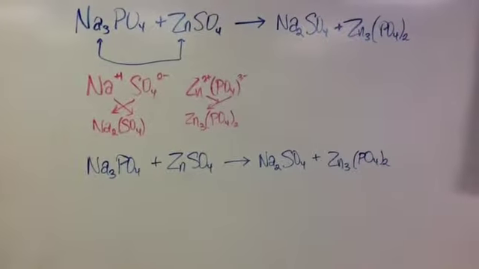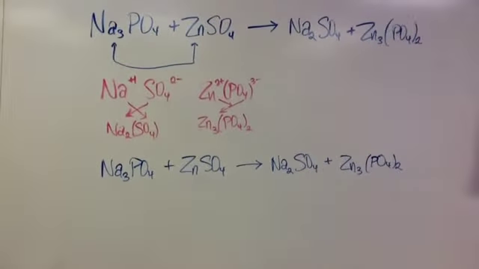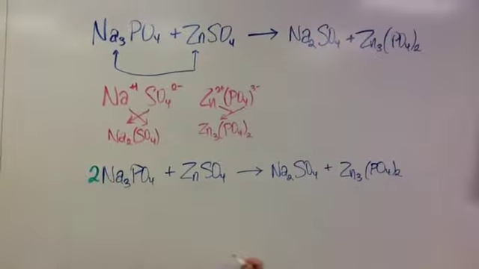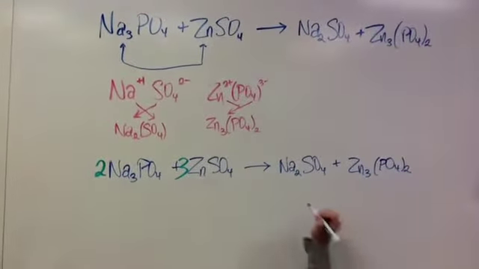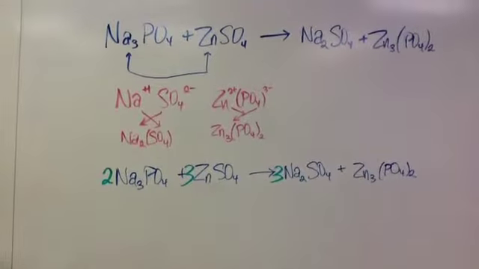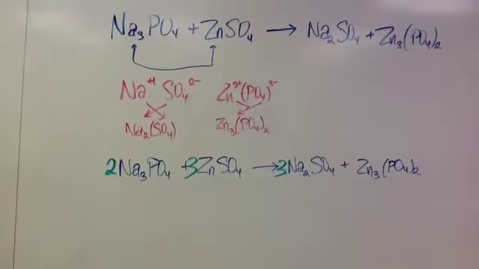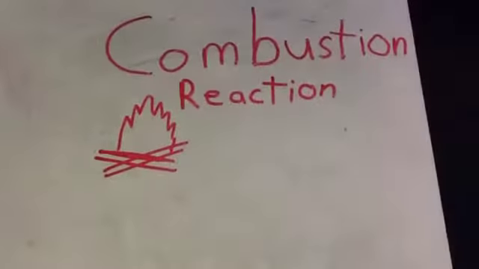Now, to balance them out, you have to look at the equations and make sure that there's the same on each side. So we need a 2, a 3, another 3, and nothing there, and that is how you solve it.